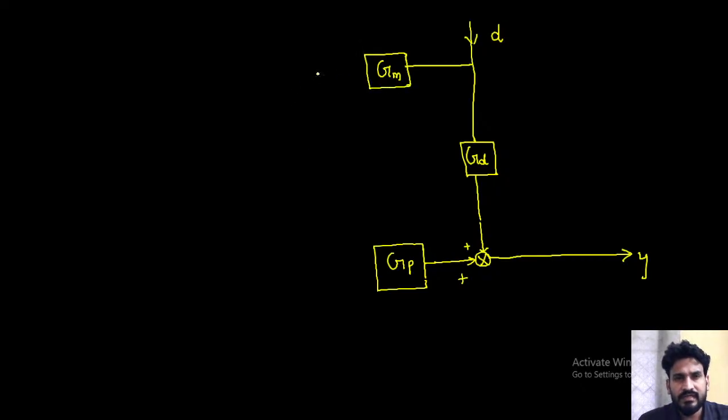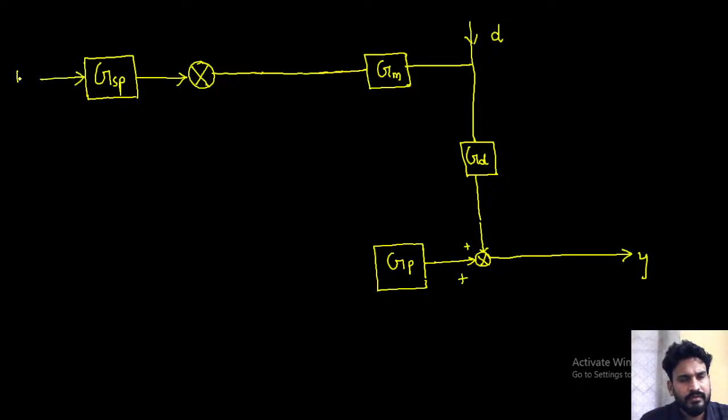This disturbance is going into the comparator. Let's suppose this is the set point transfer function. If it is given, well and good. If it is not given, it means the transfer function of that is 1.